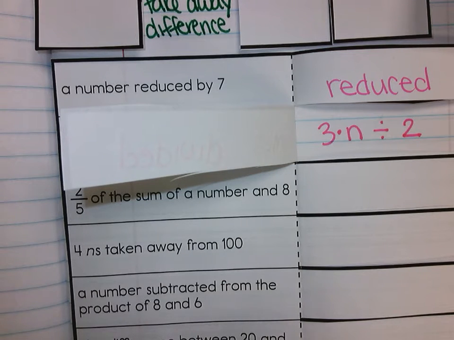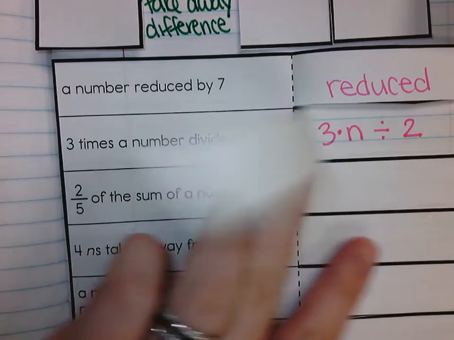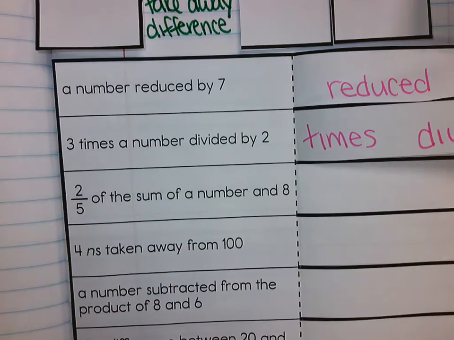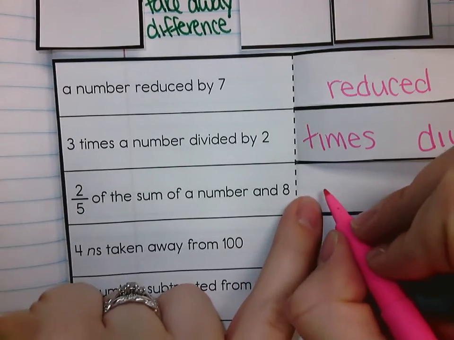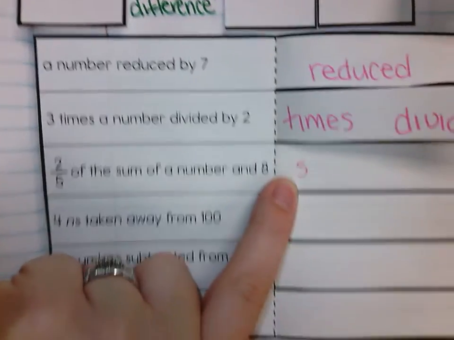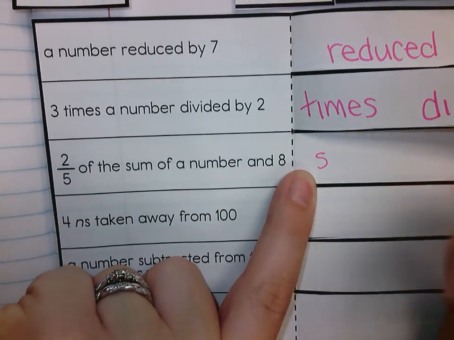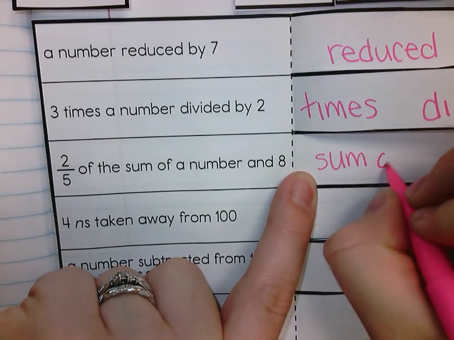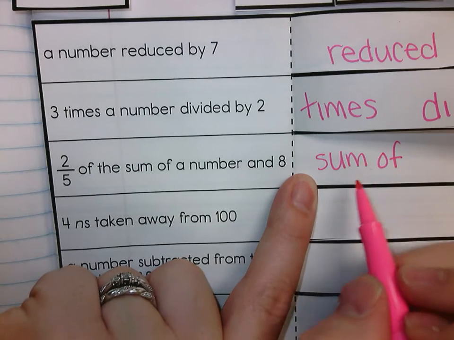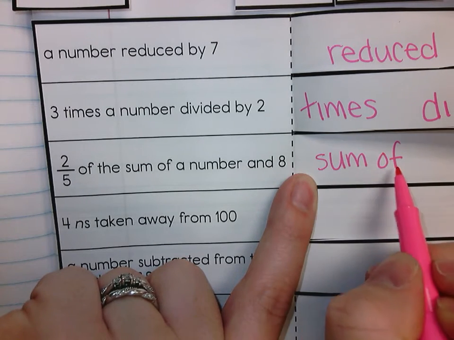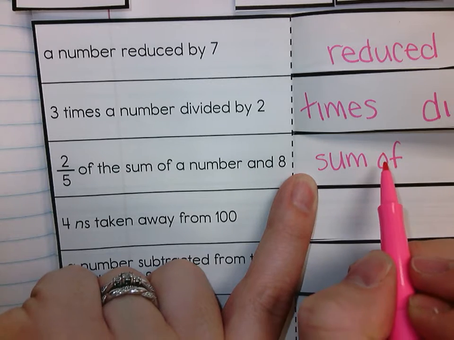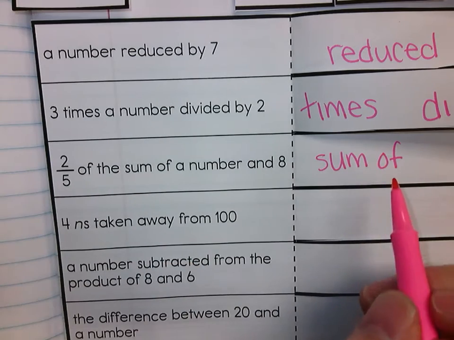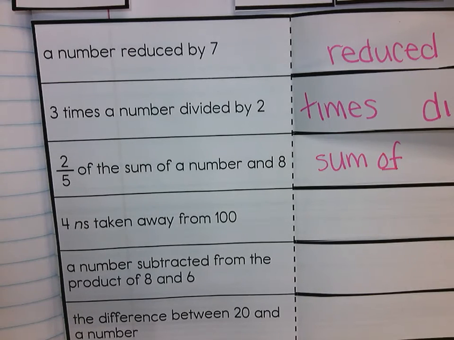All right, our next one is 2/5 of the sum of a number and 8. Make sure you can see me writing here. Okay. Whenever we have the sum of, or the difference of, times, or multiplied, the product of, the quotient of, words like that, if we've got this word of, it actually means that we're talking about parentheses.